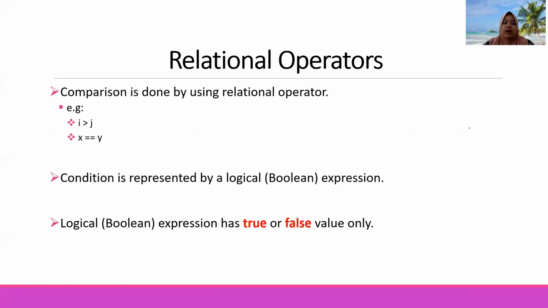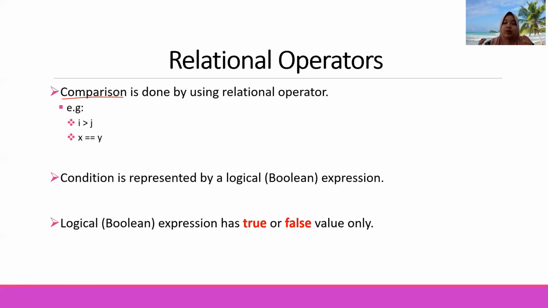When we talk about making decision, the first operator that is always involved is the relational operator. The relational operator is all about comparison. Kita nak compare satu objek kepada nilai yang lain. Itu maksud dia.